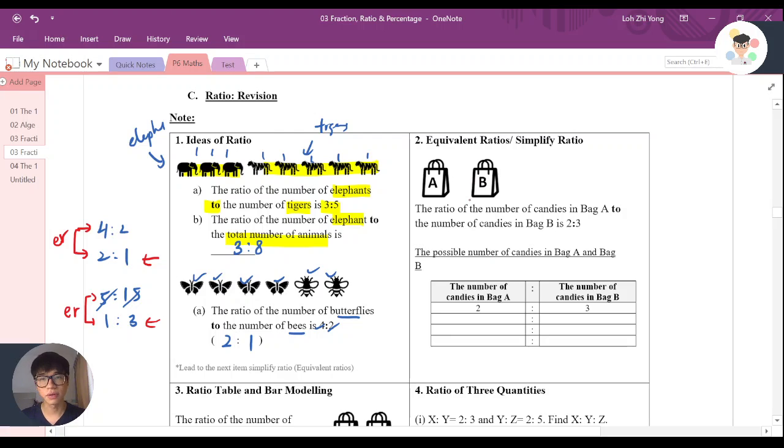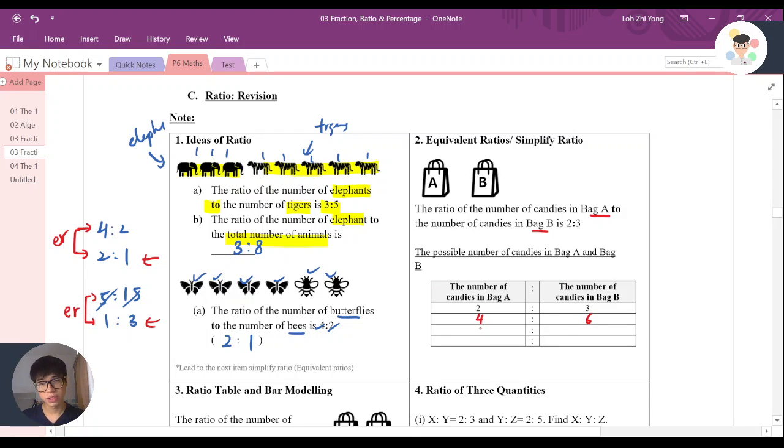Okay, for example, the ratio of the number of candies in bag A to the number of candies in bag B is 2:3. So this is the simplified ratio. But in order to know the possible number of candies in bag A and bag B, we need to go slowly. It can be exactly 2 to 3, 2 candies in bag A, 3 candies in bag B. It also can be 4 to 6, maybe.